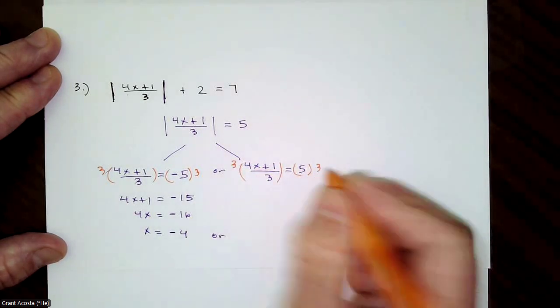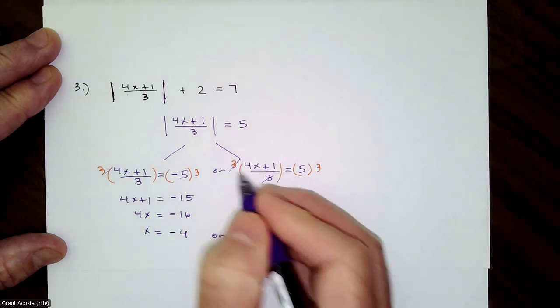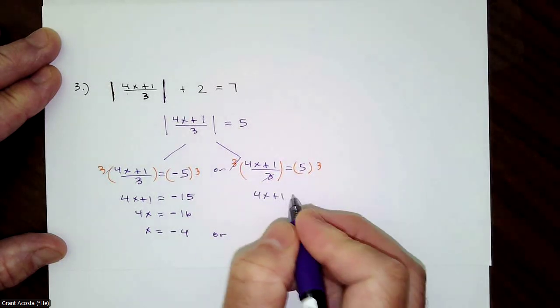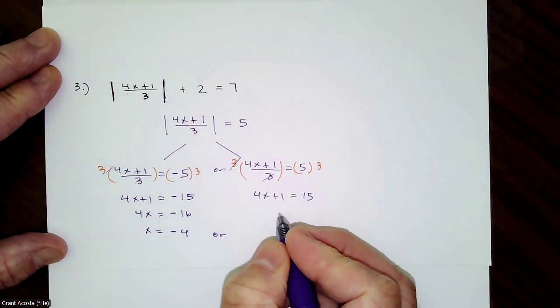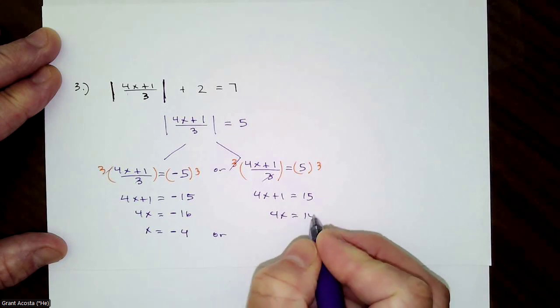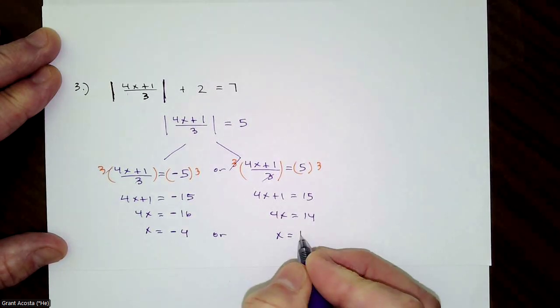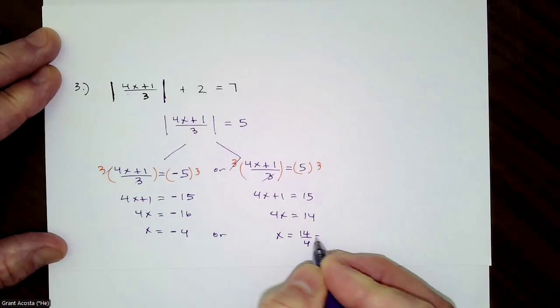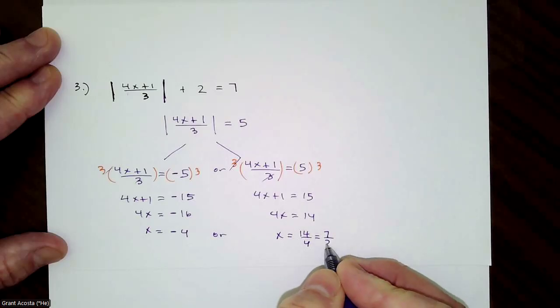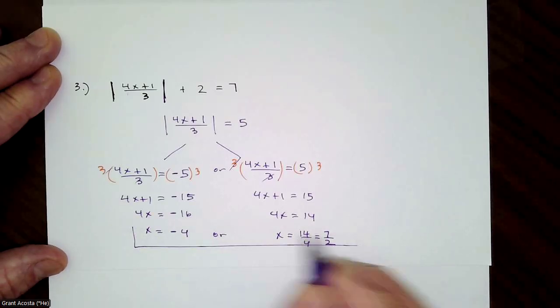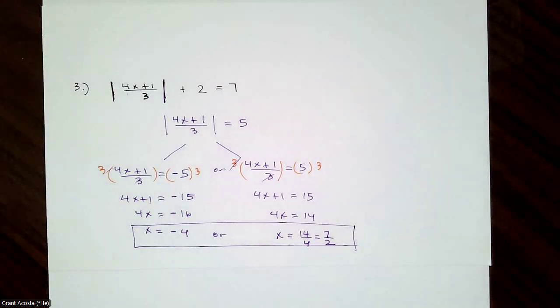Multiply by 3. Cancels it out here. So I have 4x plus 1 equals 15. Subtract the 1, that gives me 14. So x would be 14/4, or if you divide top and bottom by 2, you get 7/2. Right?